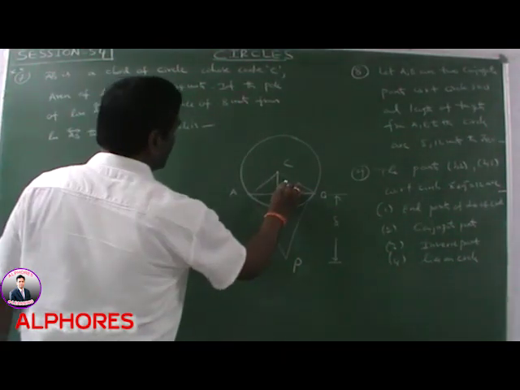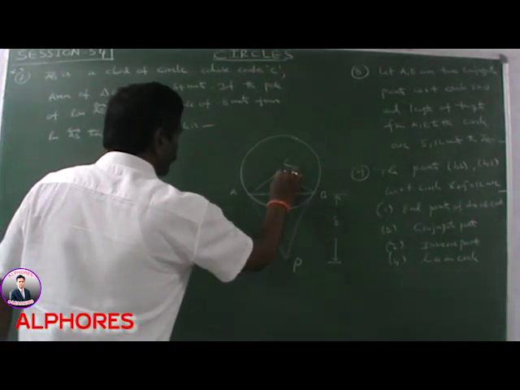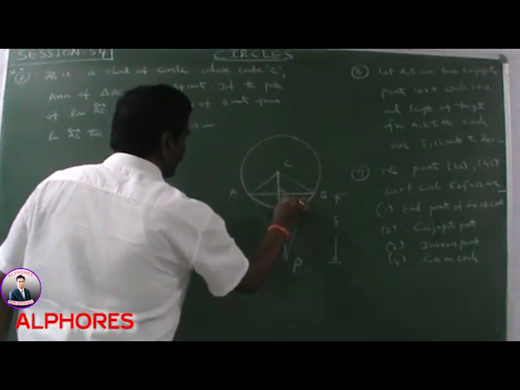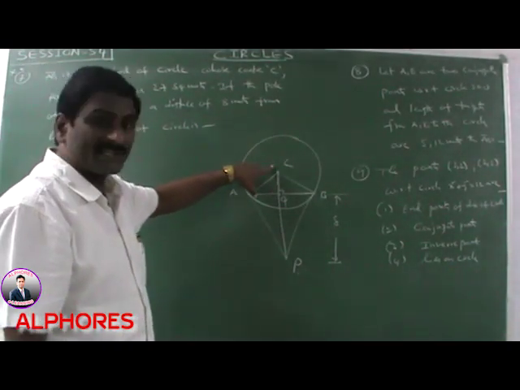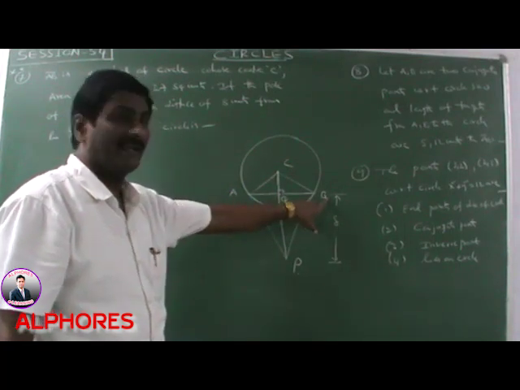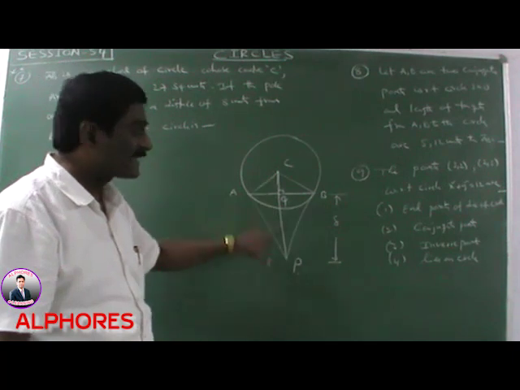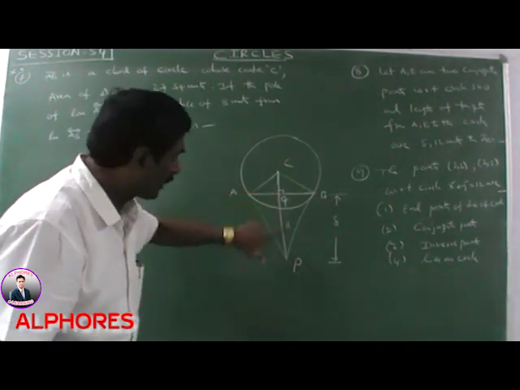By joining CP, say this point is Q. Please observe this point. The point of intersection of the line CP and the polar is nothing but the inverse point. Here this point Q is the inverse of P.